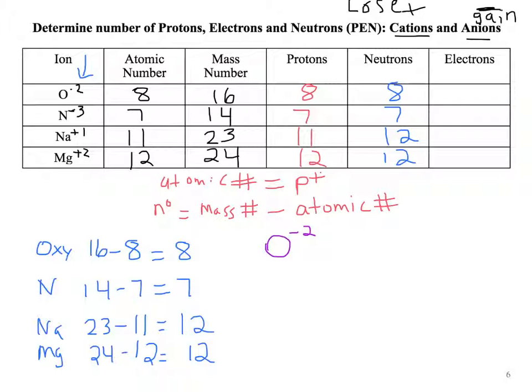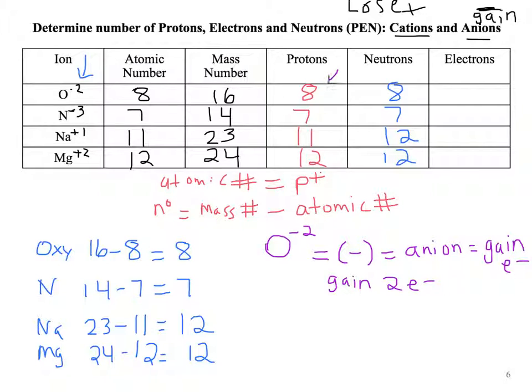If oxygen -2 is an anion, that means it's going to be a negative charge, which is an anion. And an anion basically means it's going to gain electrons. So if it's a -2 charge, it's going to gain 2 electrons.